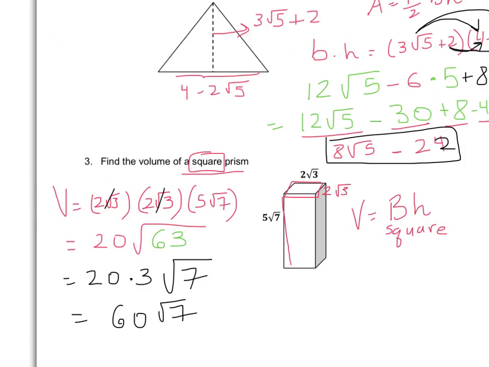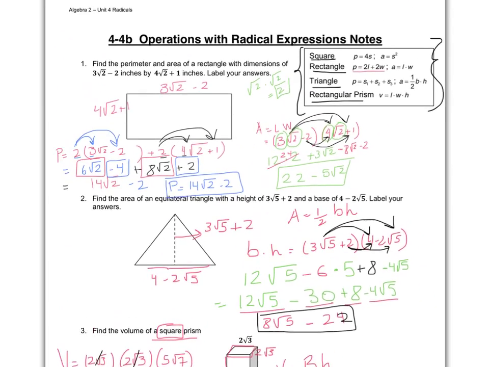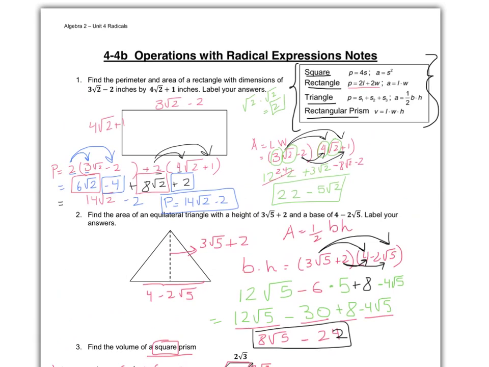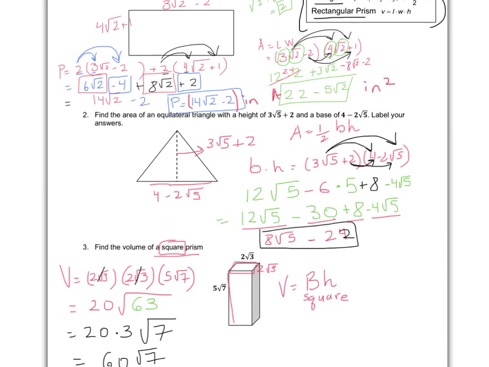Now this is basically how to find the volume. Now let's go back to the things that we've done so far. We've been asked to label our answers. So remember that the perimeter is going to be in inches. The area is going to be in inches squared. Keep that in mind. Now if you move on, we're also asked to label our answer, but they didn't give us a unit, so you can say that the area is going to be units squared.